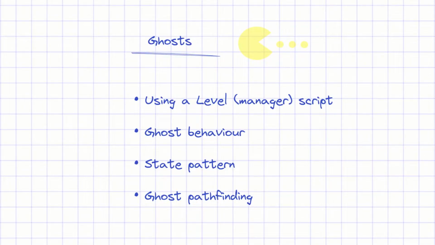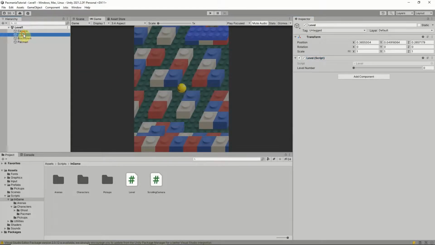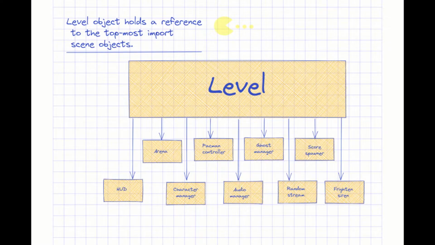Before we get started with ghosts, I wanted to talk about this level game object, a level script I've added to our scene. This type of object is useful in game coding because it can be used as a holding object for referencing top most important scene objects. For example, if some kind of character script needs to access the scene's audio manager, the ghost manager and the arena, then the script may need to hold a reference to all these different game objects.